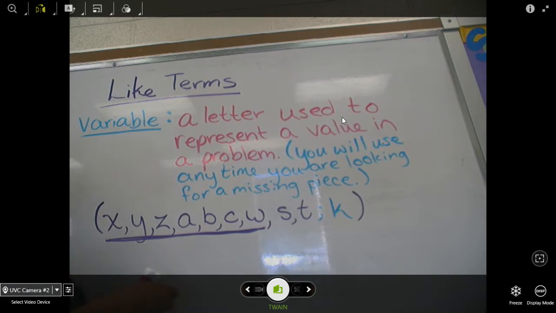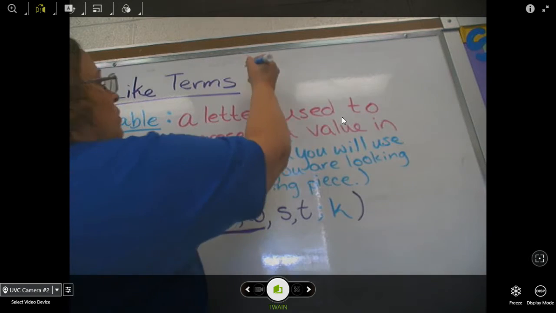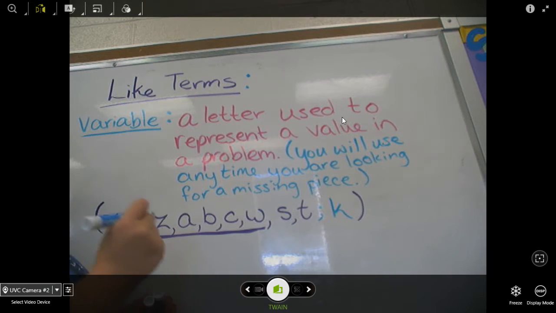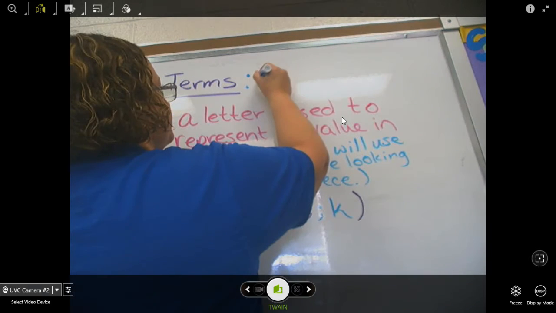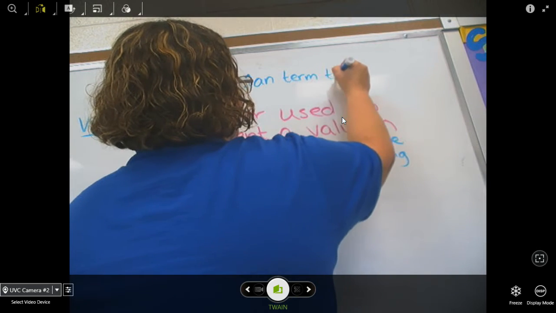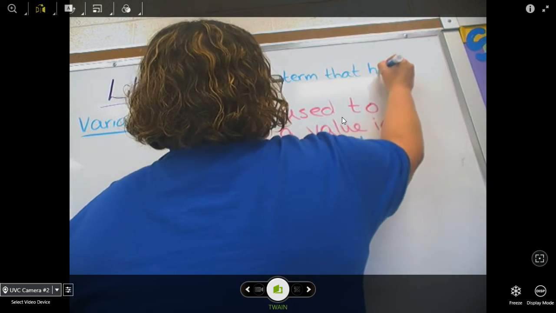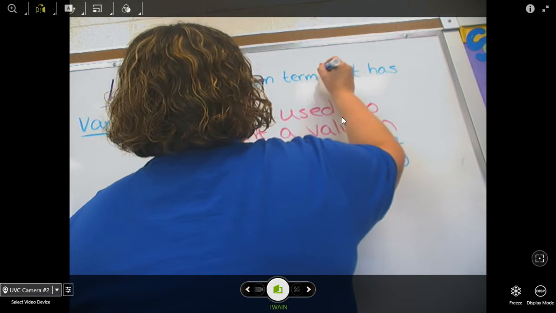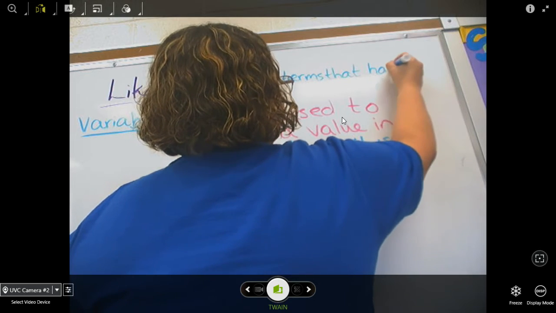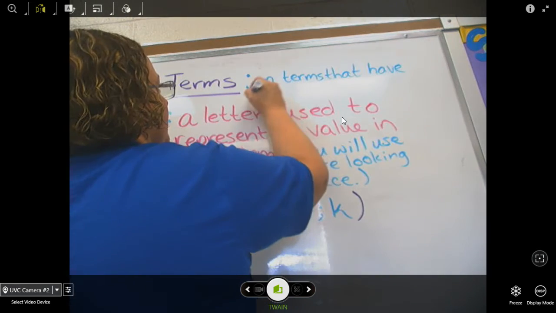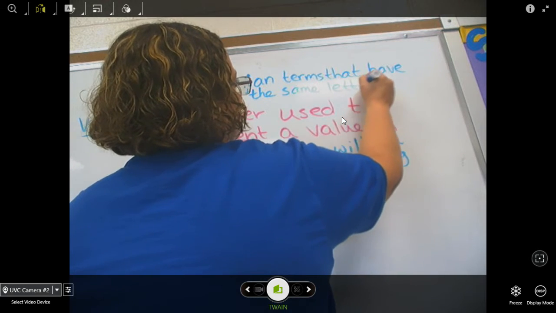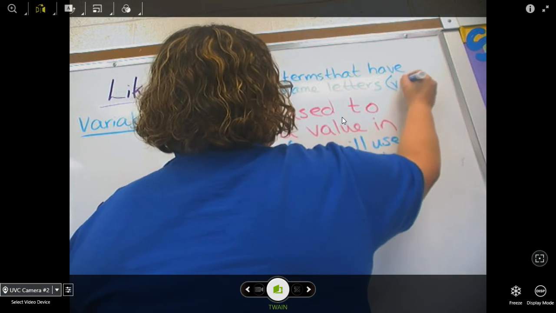So like terms are any terms that have the same letters, which you need to remember are variables.